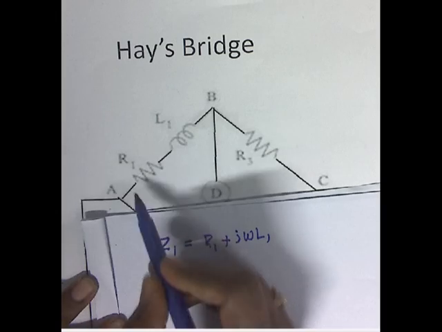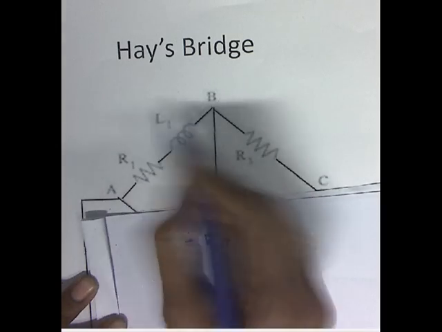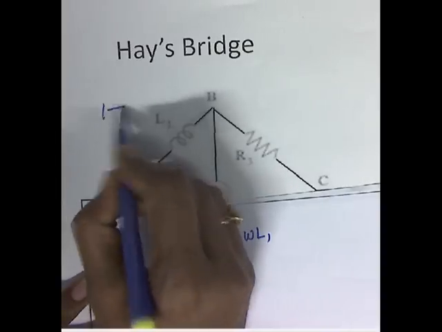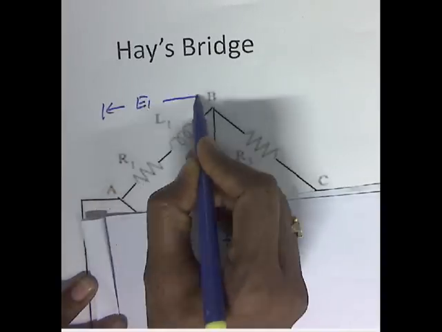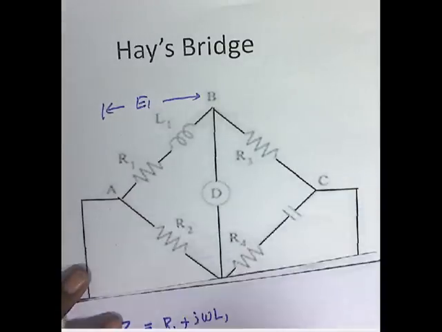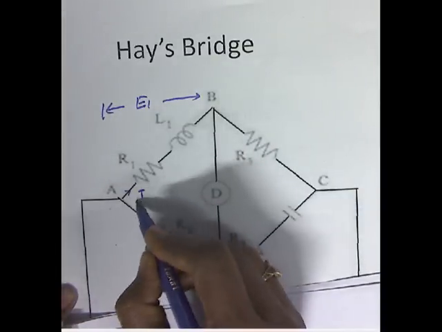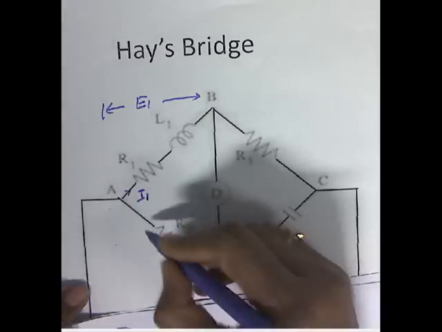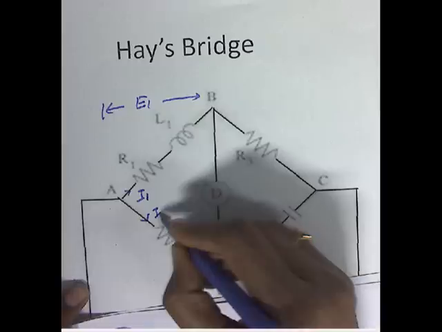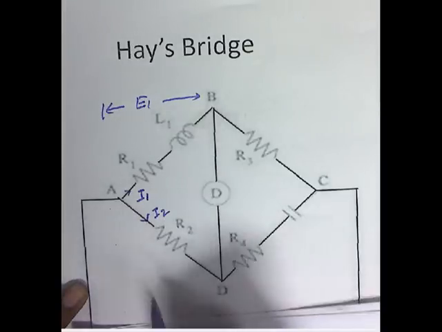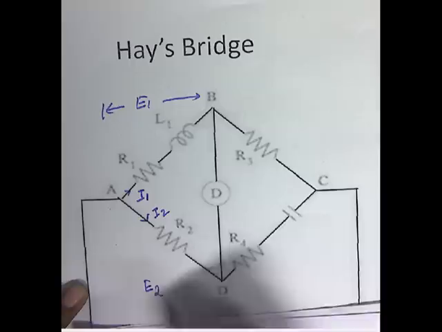We can see that this is A to B. We have E1, and I1 current is flowing through this branch and I2 current is flowing through this branch. This is A to D, the potential is say E2.